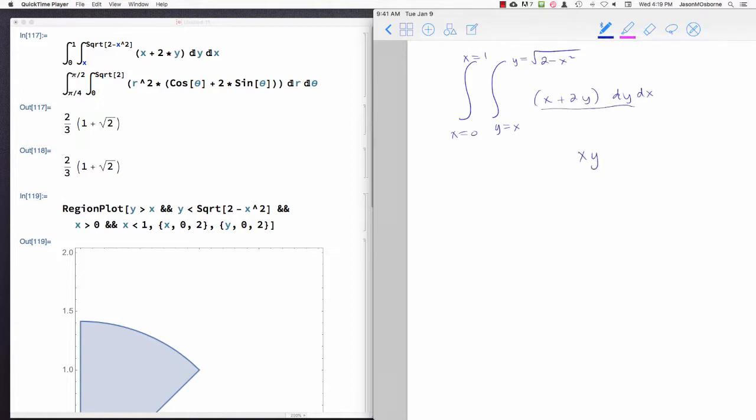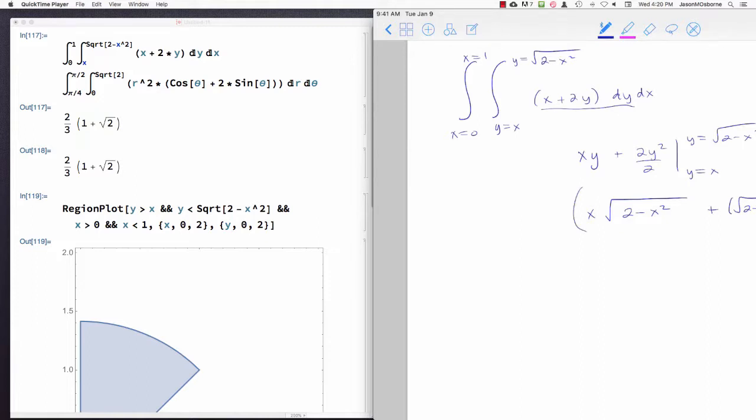You'll get xy plus 2y squared over 2, and then we're going to go from y is equal to x up to y equals square root of 2 minus x squared, which means that you'll get x square root of 2 minus x squared plus the square root of 2 minus x squared. There's your top limit.